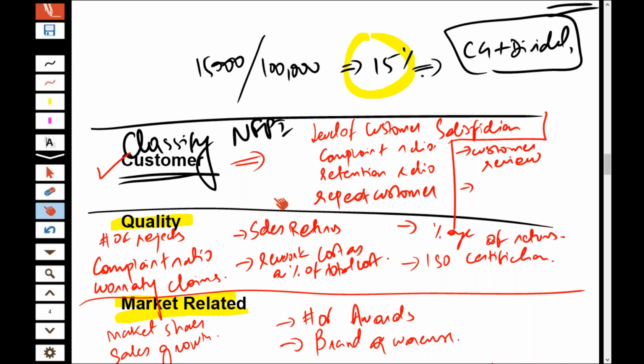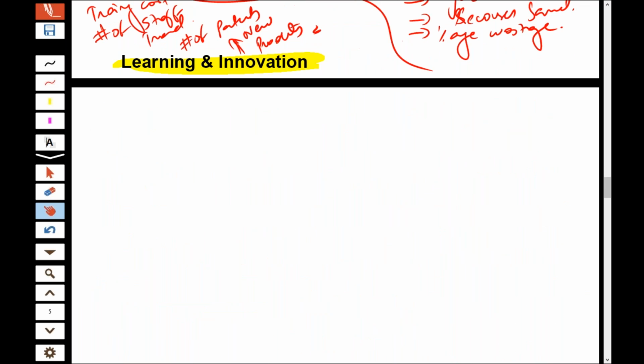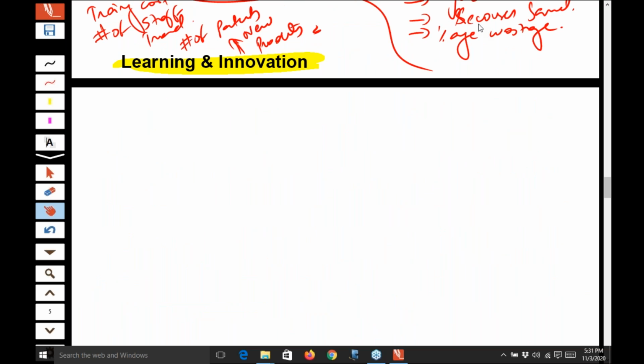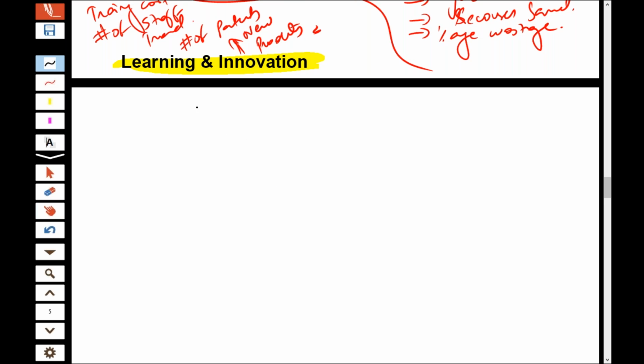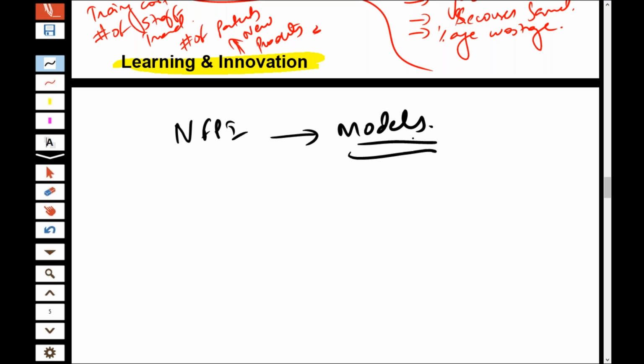So I am going to tell you that with respect to the non-financial performance indicators, there are different models that exist which an organization can apply in order to measure the performance.